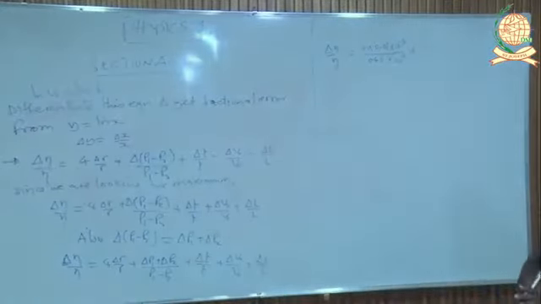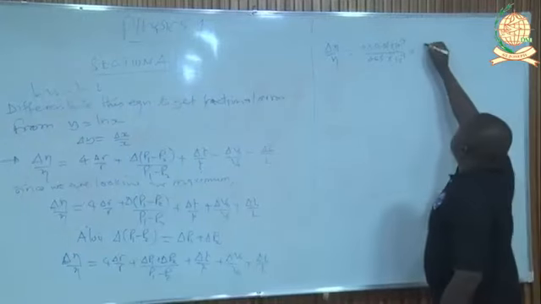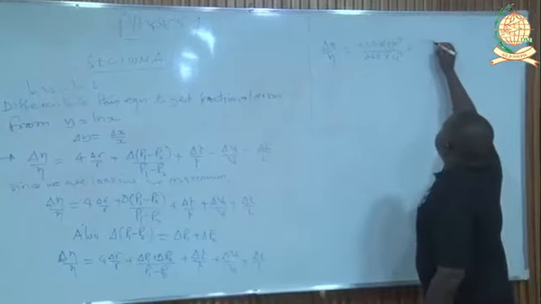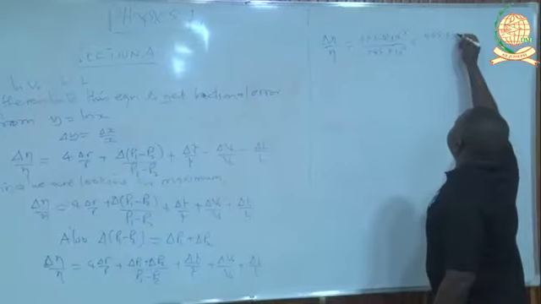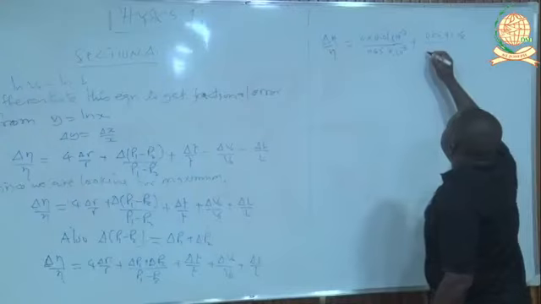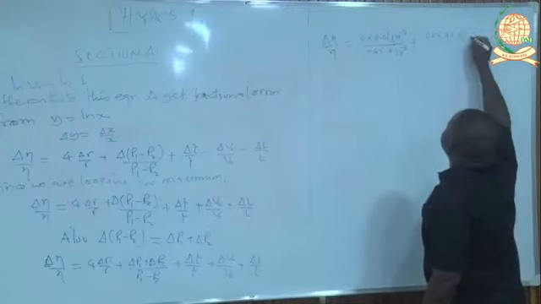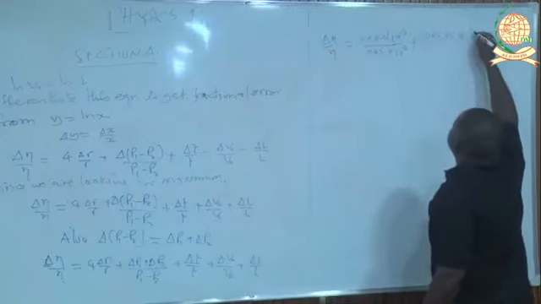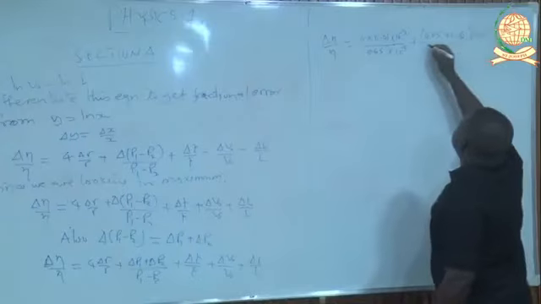Plus error in pressure 0.05. The other pressure is also 0.05, but for the pressure difference, don't forget this was times 300.